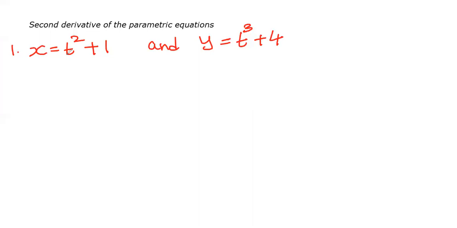So here, if you take a look, x is expressed in terms of t. y is also expressed in terms of t. So when you are doing a derivative, we need dy over dx. So that's what we are going to do over here. Because this is second derivative, that means we have to find d squared y over dx squared.